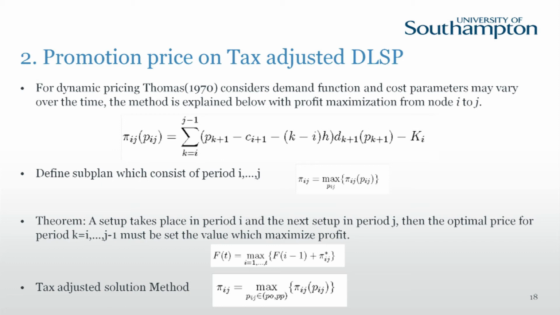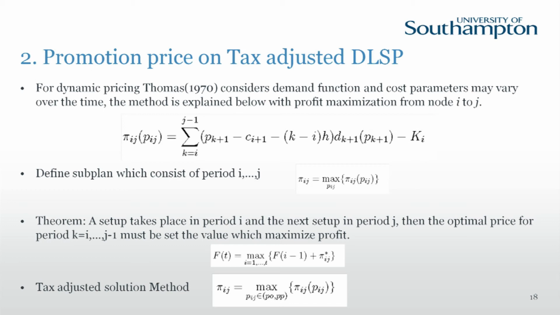They define the subproblem here again. The theorem says that if a setup cost happens in period I, until the next setup period J, the optimal price for that period must be set to maximize the value. So they use the forward recursion method to decide the price.